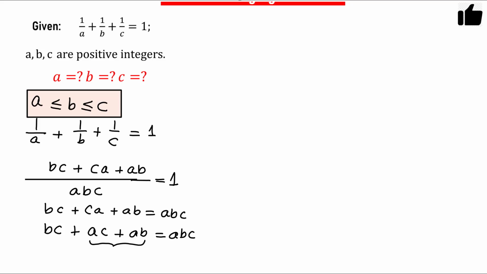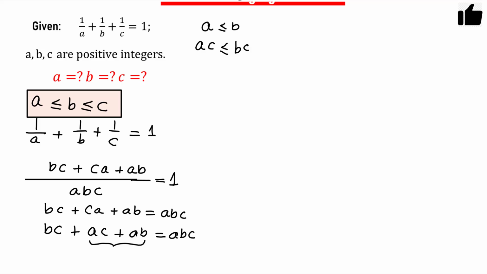So let us convert these two variables in terms of bc. We have been given the first inequality, that is a is less than or equal to b. Now if I multiply both sides by c, the inequality sign will not change because these are positive numbers. So we have bc is greater than or equal to ac.